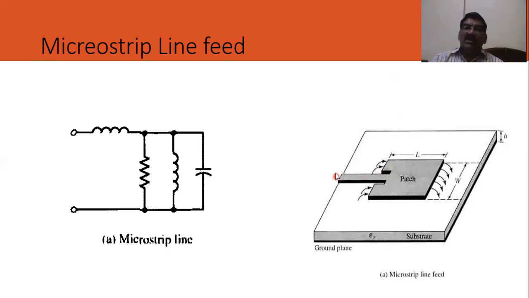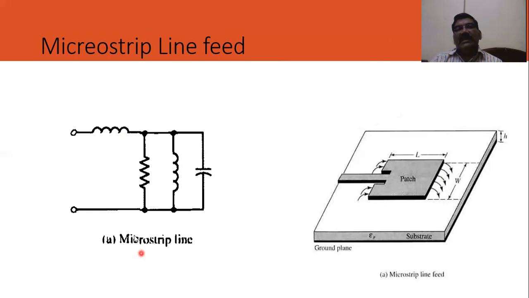Now for this microstrip line, this is the microstrip line equivalent circuit. This equivalent circuit is like a transmission line.